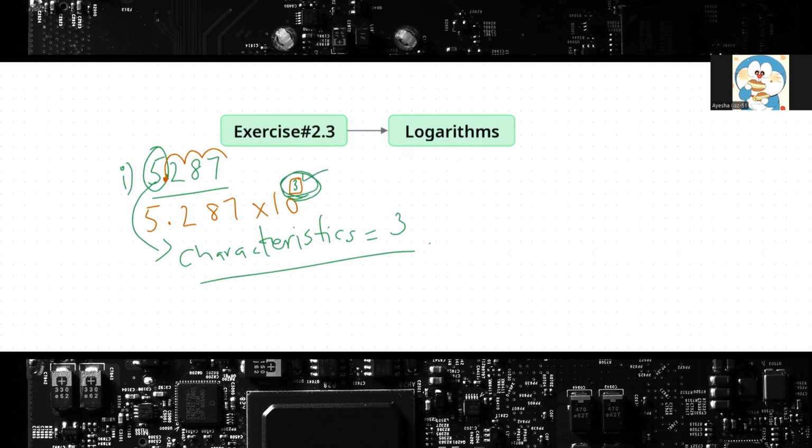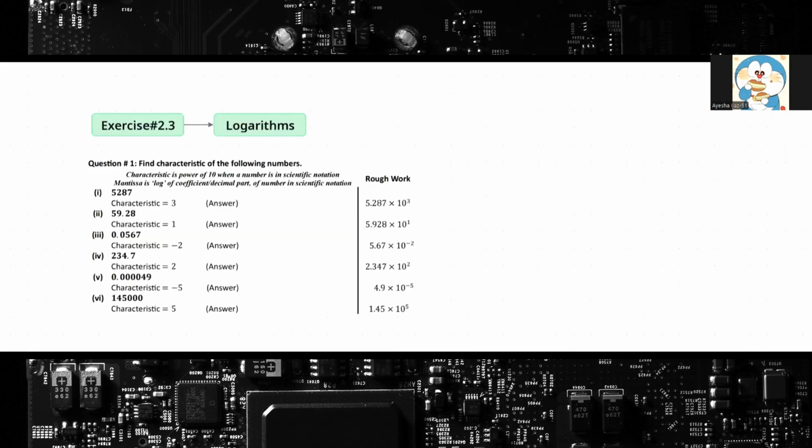Here is question number 1, in which you need to find the characteristic of the following numbers. There are 6 parts in total, and I believe you can find them now because it's very simple. As we just solved an example, first write the number in scientific notation, you can do it in the workbook section on the right hand side, and find the power of 10, and that would be your characteristic.